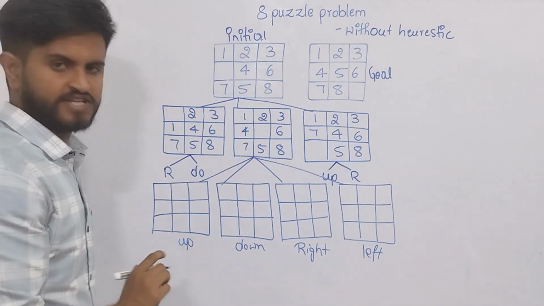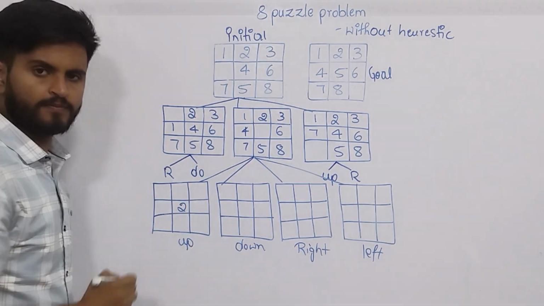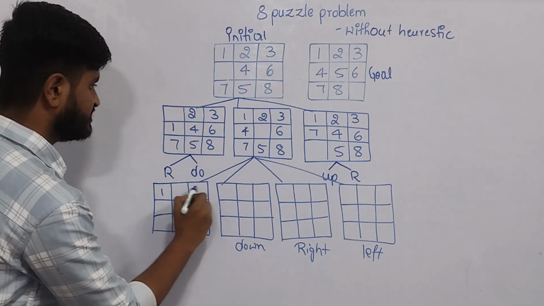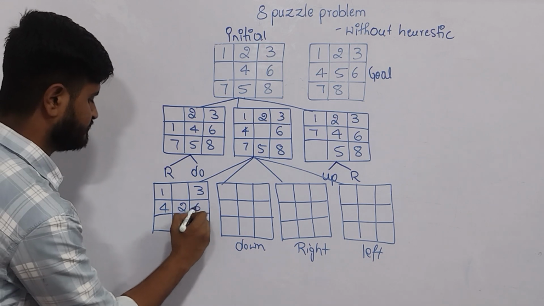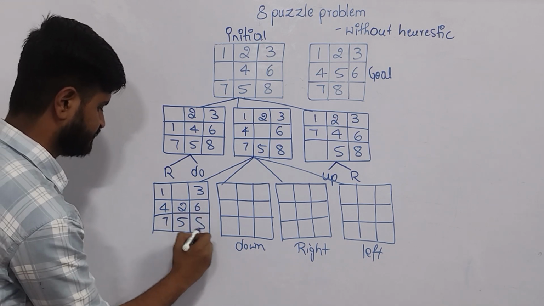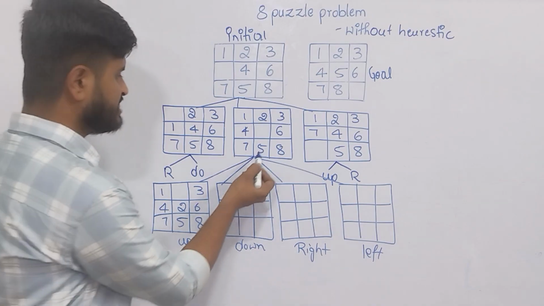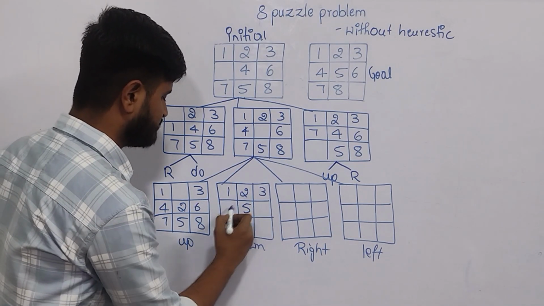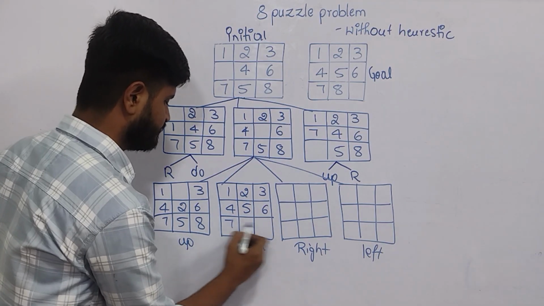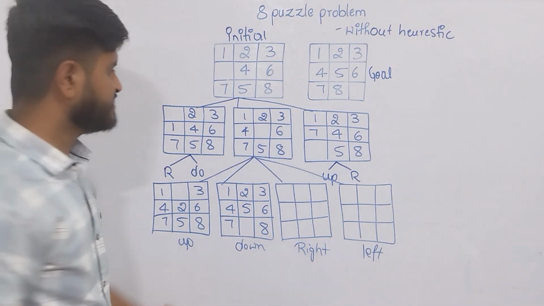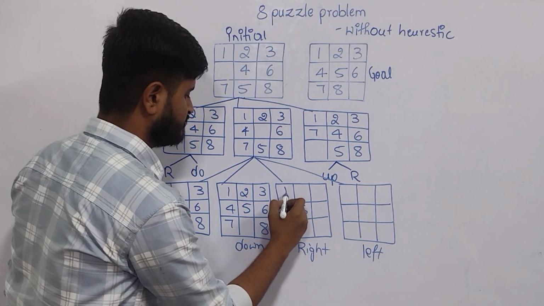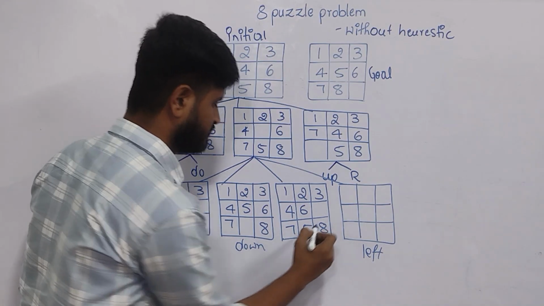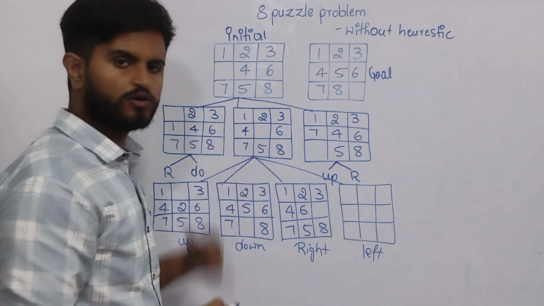If it moves to the upside, 2 will be replaced with the empty box and the empty box will replace 2, and all others will be the same as in the previous step. Next, downside means 5 and the empty space will exchange and all others will remain from the previous step. Next, right side means 6. Next, left side means 4 will be replaced.